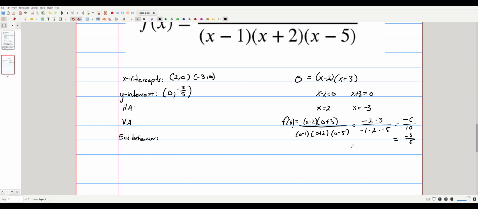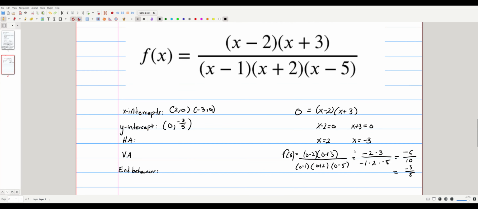Cool. Now we're looking for horizontal asymptotes. And so remember, for horizontal asymptotes, there were 3 different cases that we could use to make our life easier. If it was case 1, where the term on the top is larger, then we're going to need to do long division to actually figure out what the end behavior looks like.